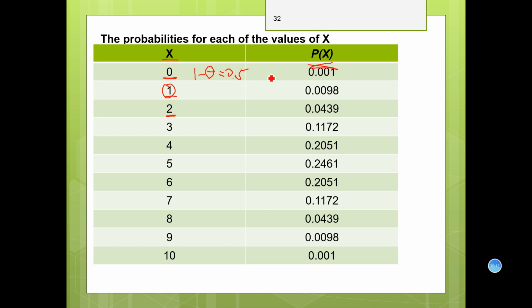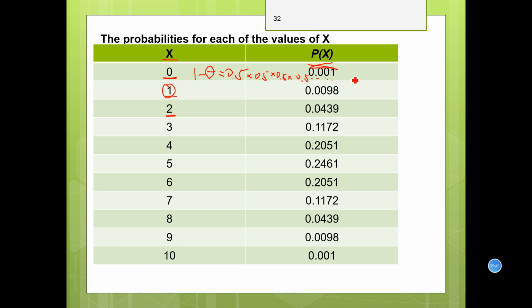The probability for these 10 tails should be 0.5 times 0.5 times 0.5 times 0.5, we need 10 of 0.5, right?